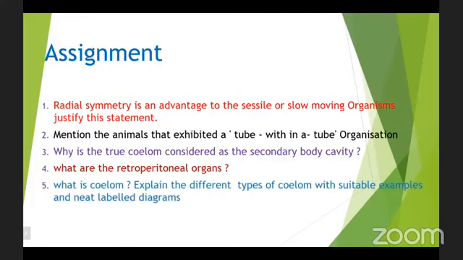Fifth question: what is coelom? Explain the different types of coelom with suitable examples and neat labelled diagrams. I repeat the fifth question once again.